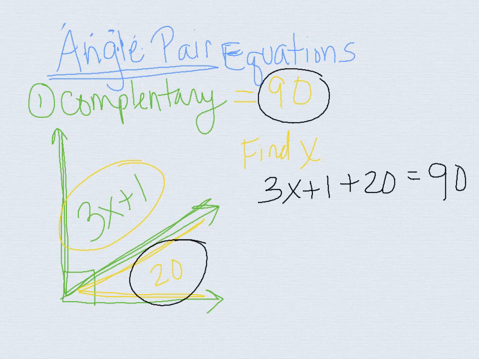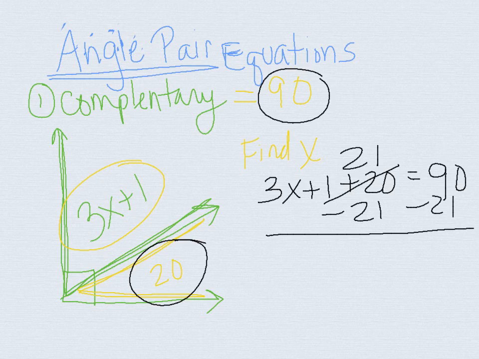Now that you set up your equation, just solve for x. This adds up to be 21, so we subtract 21 over here. We get 69 equals 3x, divide by 3, and you'll get x equals 23.